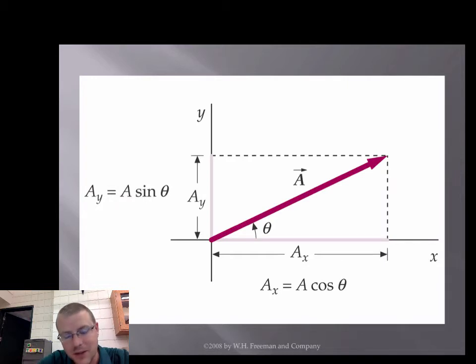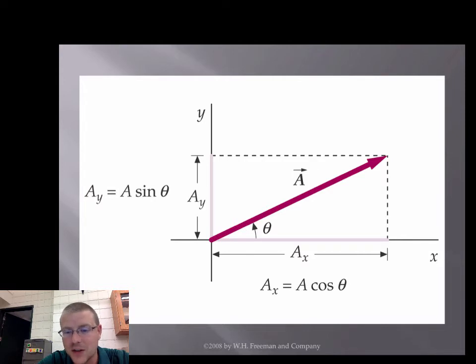Here's a vector again, labeled A. Vector A is going to be off in the first quadrant, so it has a horizontal piece and a vertical piece. So there is an AX and an AY component to this vector. The Y component deals with the opposite side and the hypotenuse, and the X component deals with the adjacent and the hypotenuse.